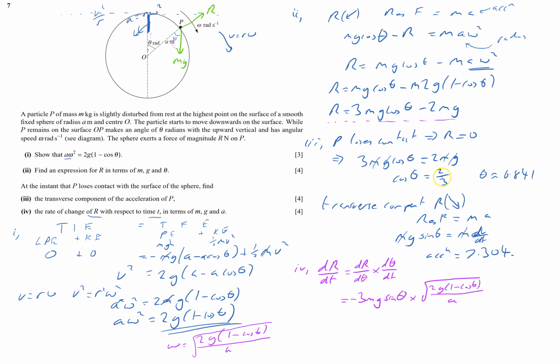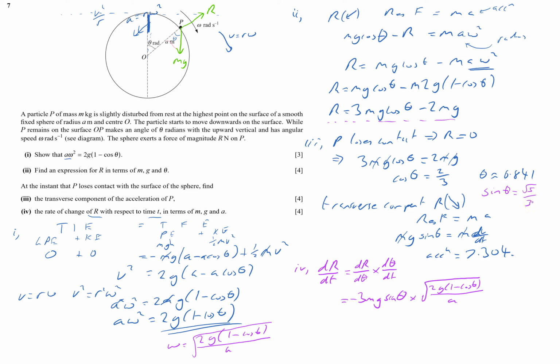And actually if cos theta is 2/3, then sin theta, this cos squared plus sin squared equals 1, so that will be root 5 over 3. The square of this will get 4 over 9, the square of this will get 5 over 9, that comes to 1.